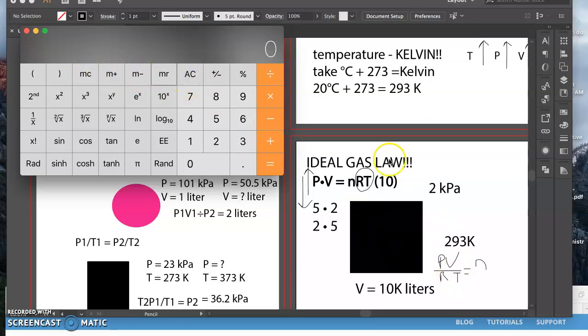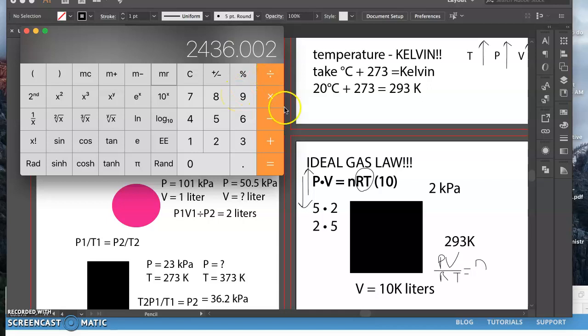Okay, let's do the T. That's pretty easy. It's 293. Now what the heck is R? So R is that constant you would look up in a book, and the constant I'm going to use is 8.314 liters kPa over mole K. So there's our number, 24326.